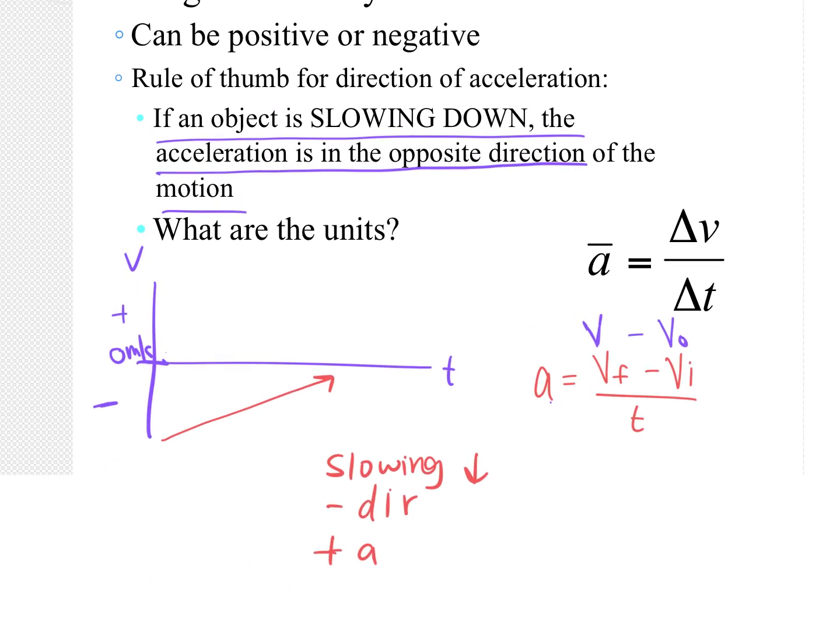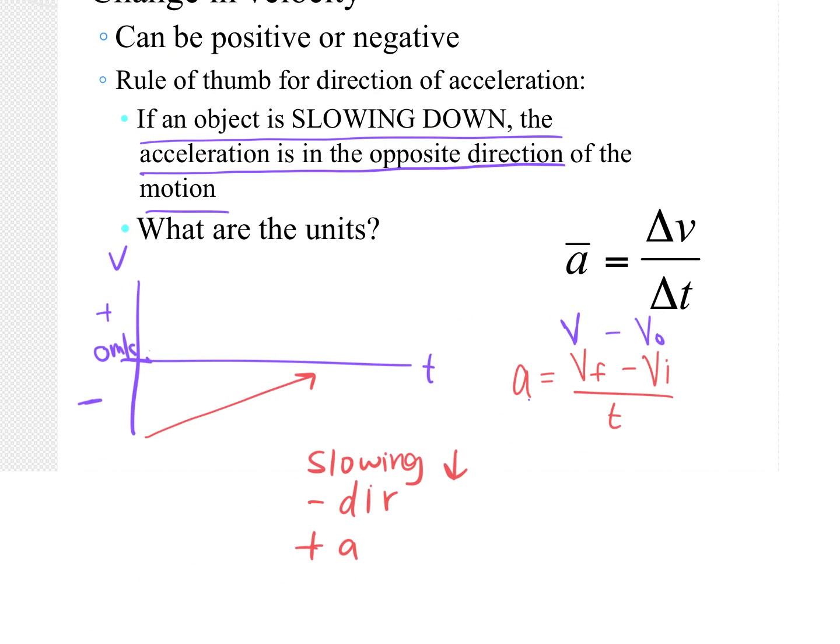What about the units for acceleration? Do we have a guess on that or a thought about what our unit would be? Meters per second. Squared. Per second, yes. Or we write it as meters per second squared. Okay? What this is telling us, let's get an example here for acceleration.